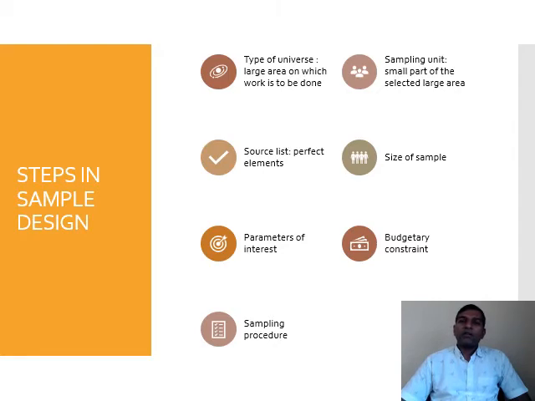Parameters of interest. If we are working on literate people of Maharashtra state, then we will not be thinking about the income of the people, because our interest is their educational standard. So we can neglect unwanted things like the weight of a person or salary or income of a person.